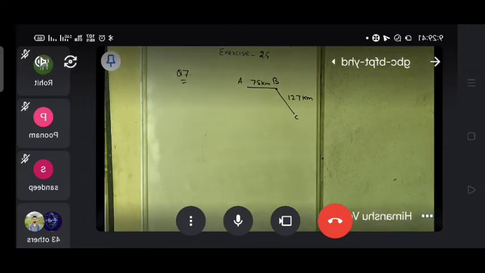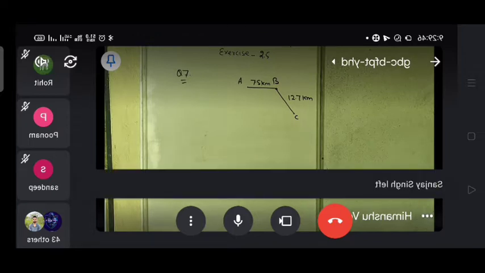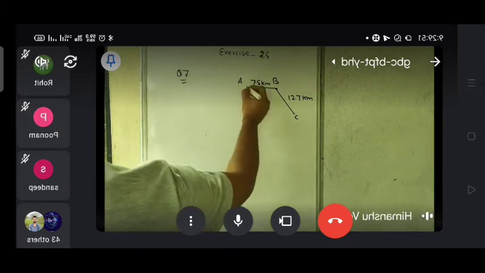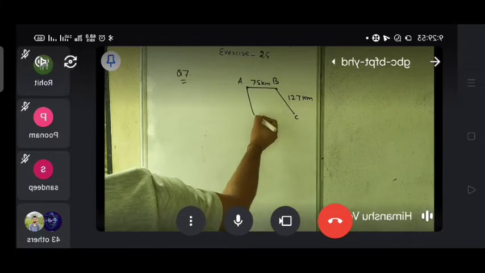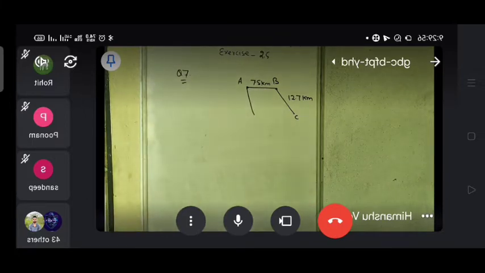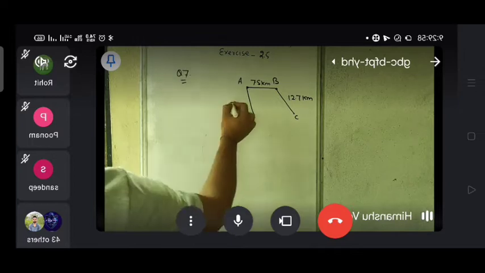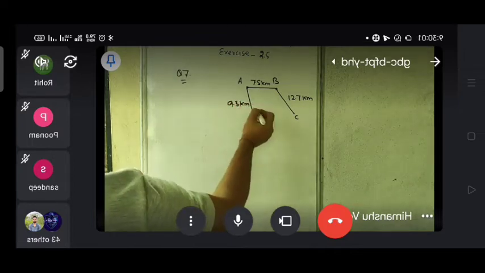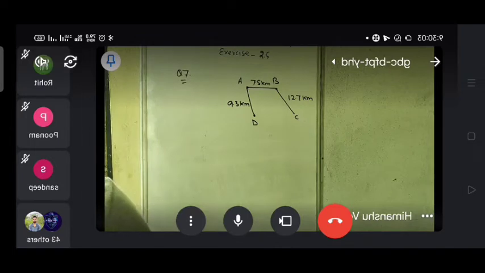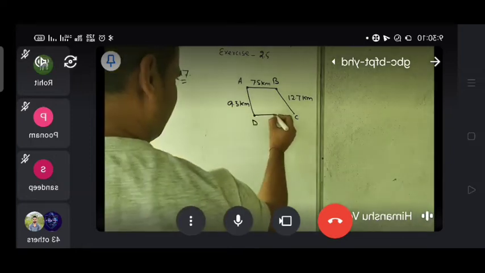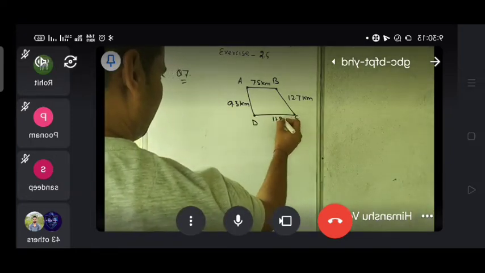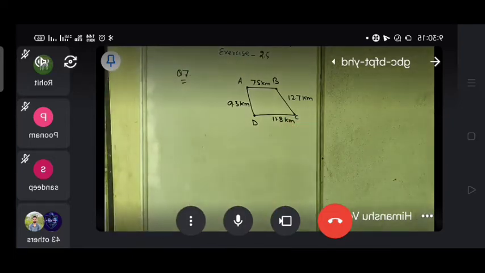And Ayub went from place A to place D, which is 9.3 kilometer, and then D to C is 11.8 kilometer.